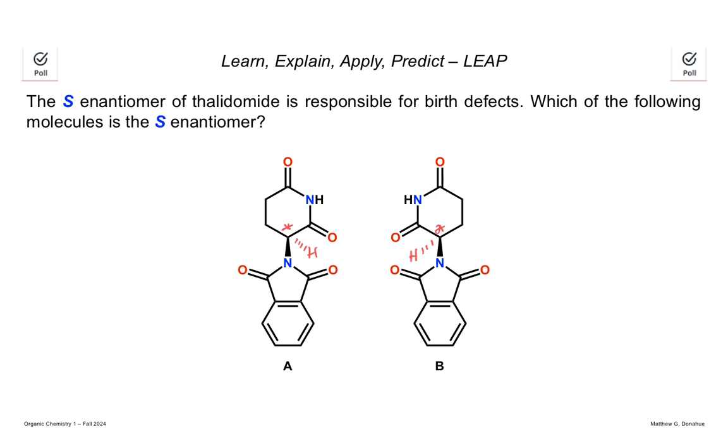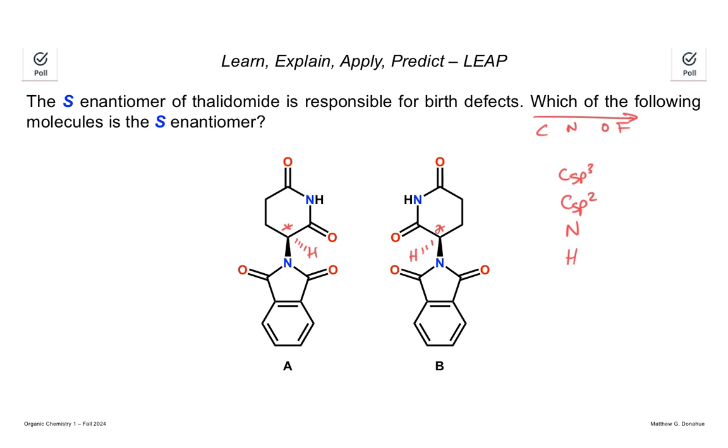So we have CSP3, CSP2, N, and H. Those are the 4 atoms directly bonded. This is the way I think about it.